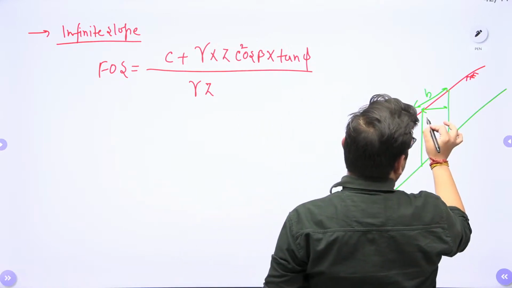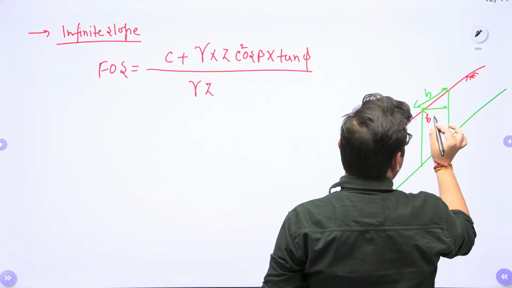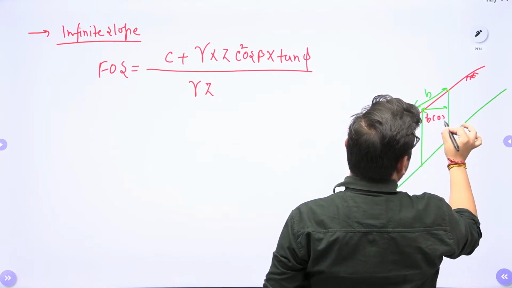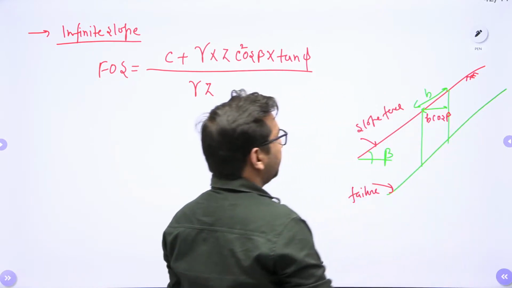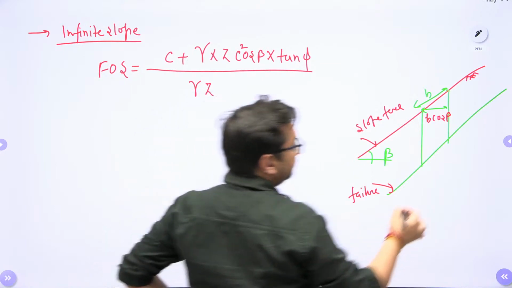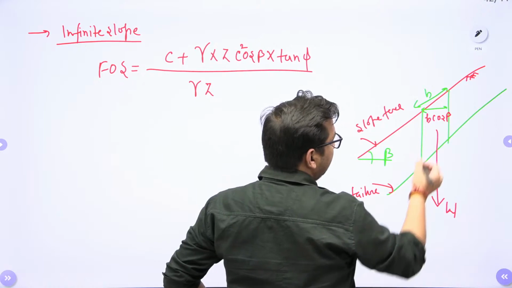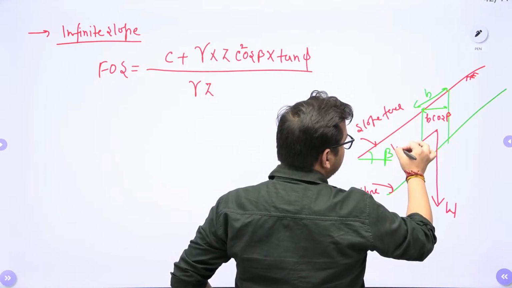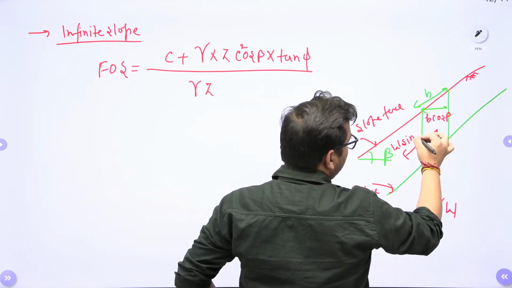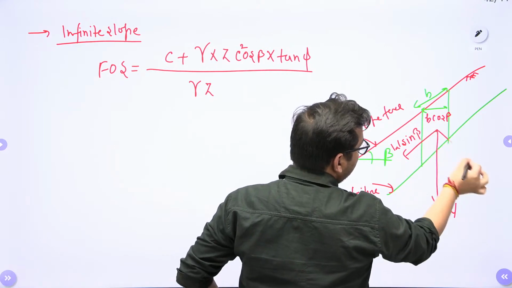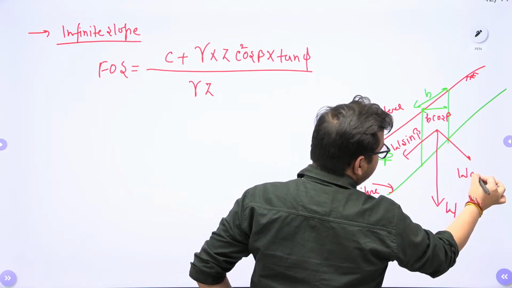So I can say that it is your B cos beta, right? There will be weight over this particular wedge, that is W. It will have two components, that is W sin beta and W cos beta.